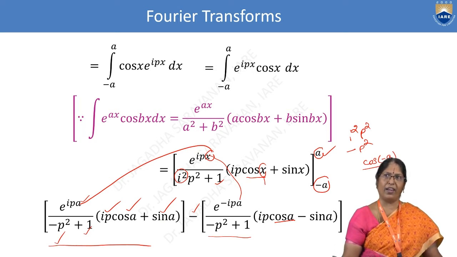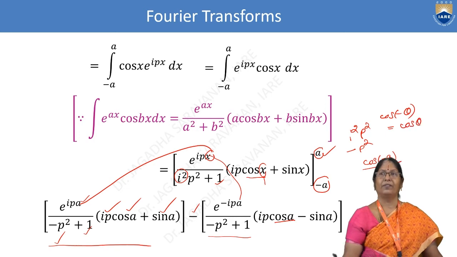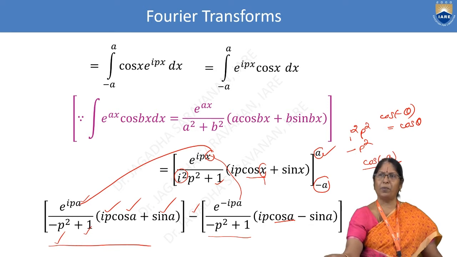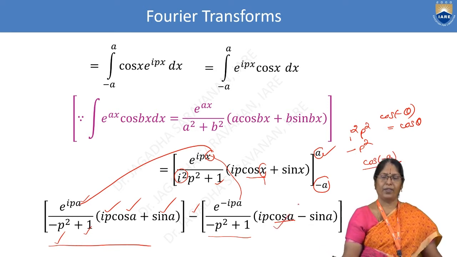The doubt is ringing: why is it correct? It satisfies the trigonometric formula. The formula is cos of minus theta equals cos theta. So cos of minus a is nothing but cos a. That is the reason for cos a here.